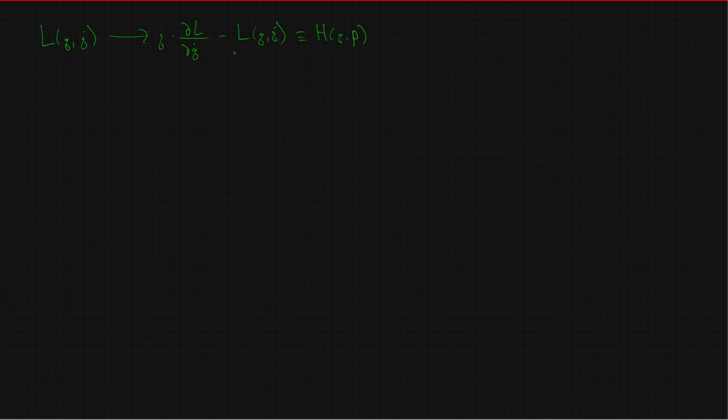And so the whole point of doing this is you're changing variables from something as a function of q and q dot to something that is only a function of q and this new thing that you've defined, p, the momentum. So effectively this is taking q dot and turning it into a new state variable, p. Okay, so this is the idea of a Legendre transform.